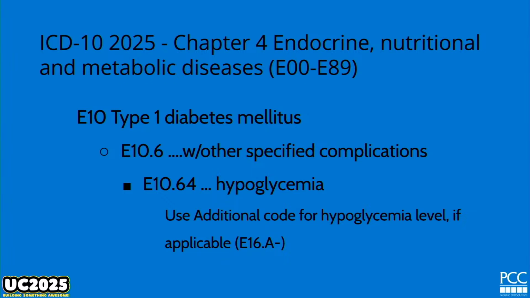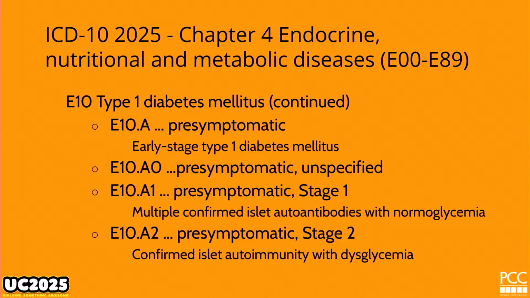E16A. More endocrine stuff that we're looking at. Again, these are codes that are usually being expanded on. We may have the upper code that has existed for a while, but it's expanding out to provide more specificity. Again, having stage 1, stage 2.